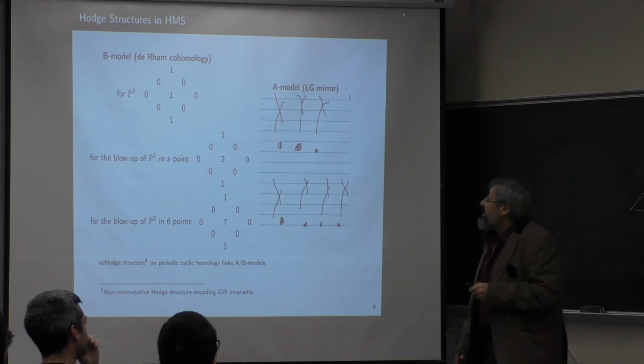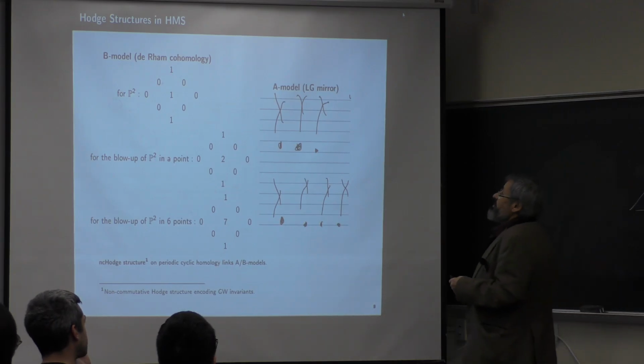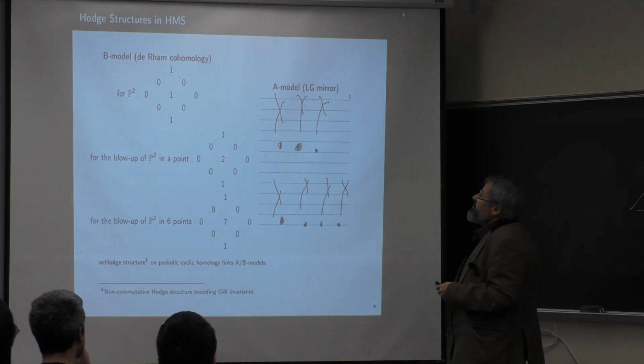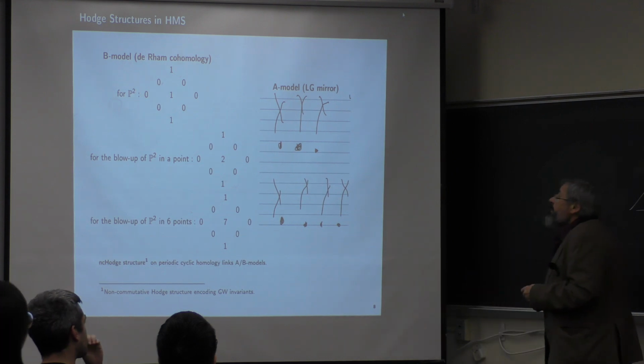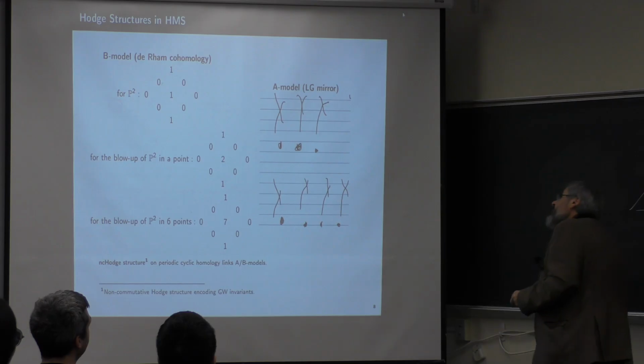In order to do that, we need to see how birational transformations affect our manifold, in this case P2. So the Hodge diamond of P2 is 1, 1, 1 at H0, H2, and H4.